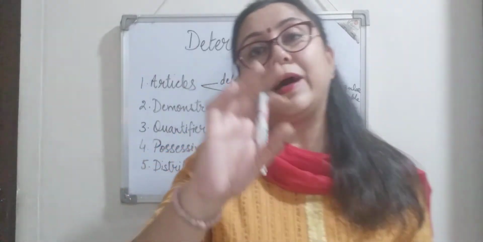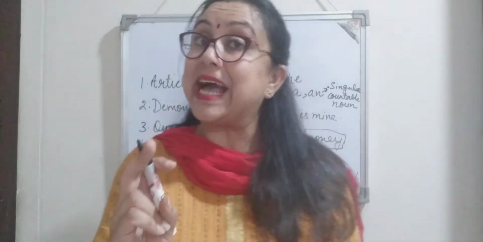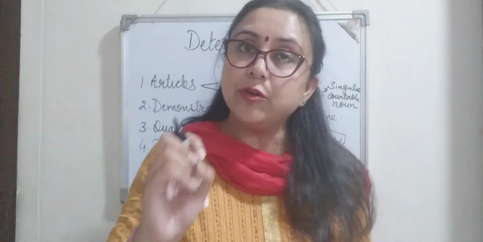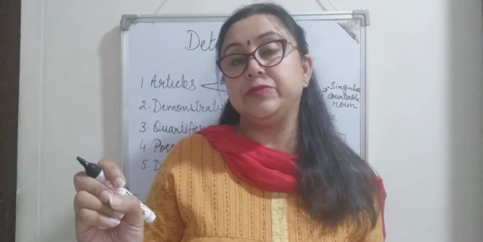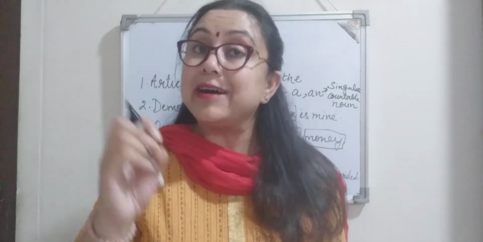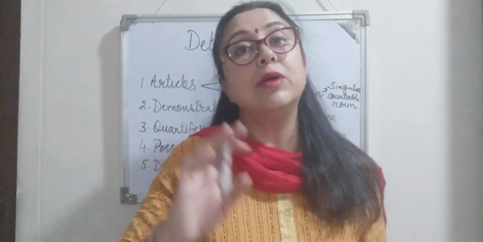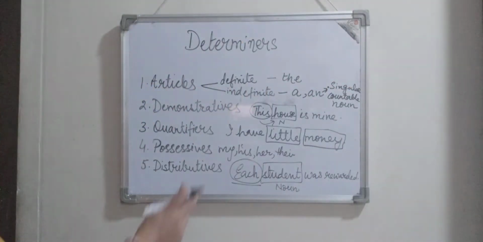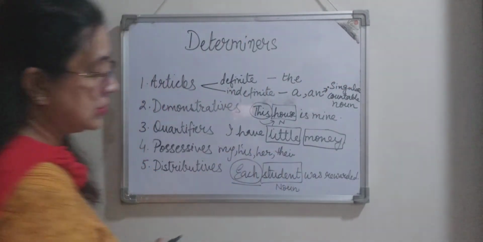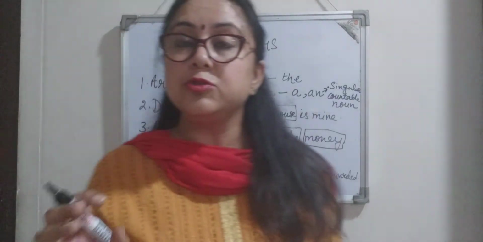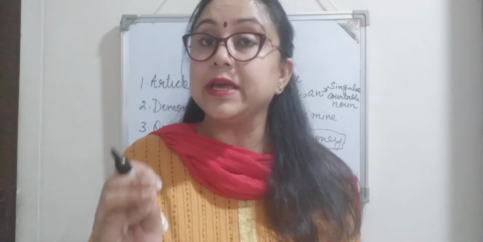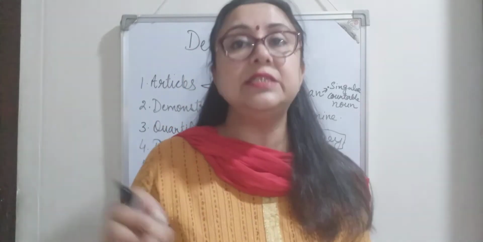It talks about the entire group, but at the same time, it focuses on each individual. So when we say each student was rewarded, out of all the students, each one was rewarded, right? So talking about each student individually.